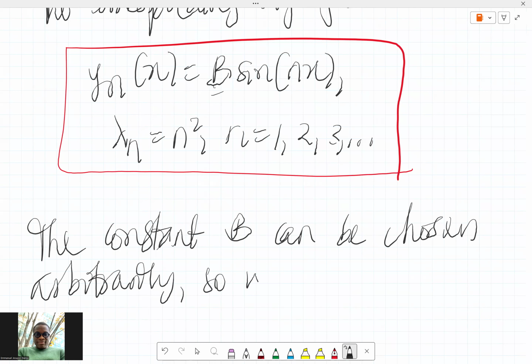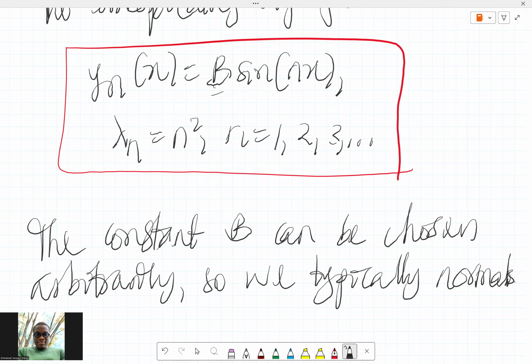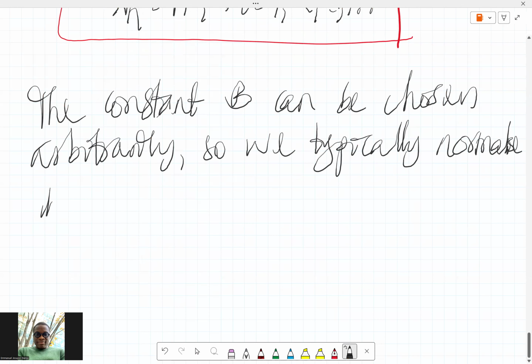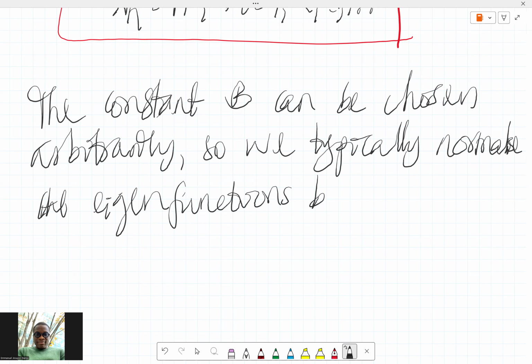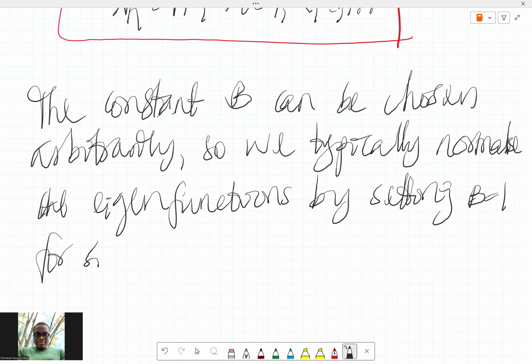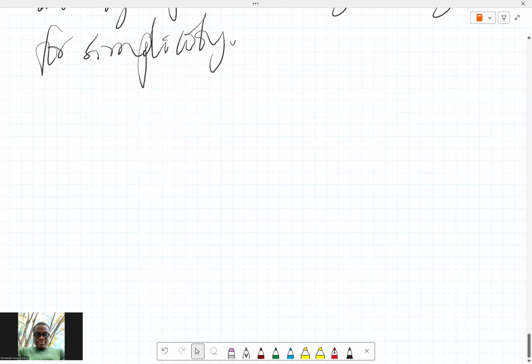So we typically normalize the eigenfunctions by setting b equals 1 for simplicity.